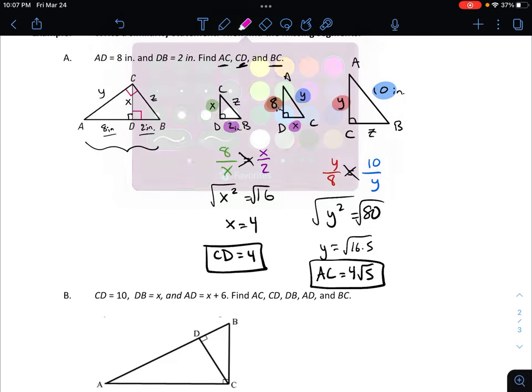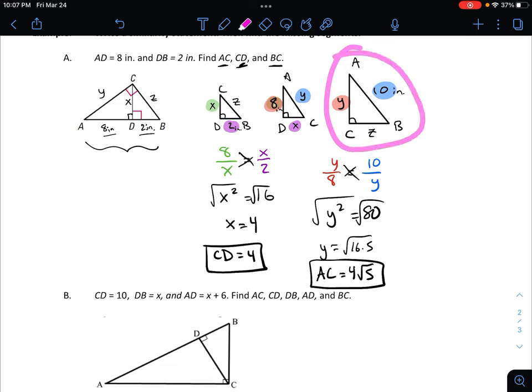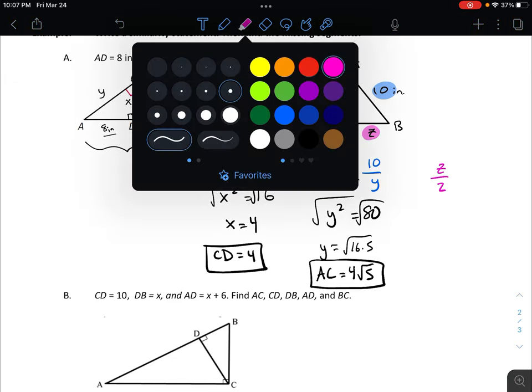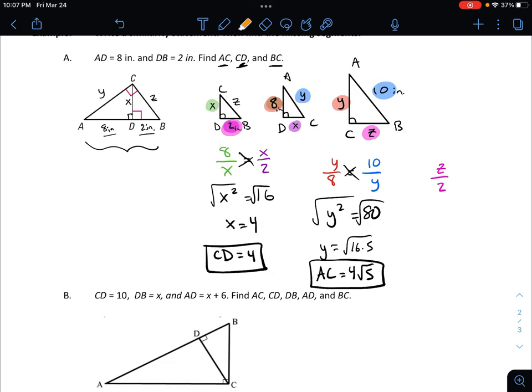And then the last one, I'm looking for z. Let's do pink here. If I'm looking for z, I want to use this triangle and this triangle. I'm going to compare z over 2, so z over 2 is one of my fractions. Then let's use orange.